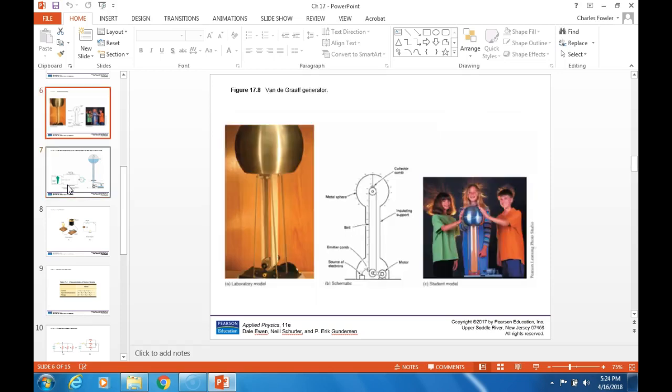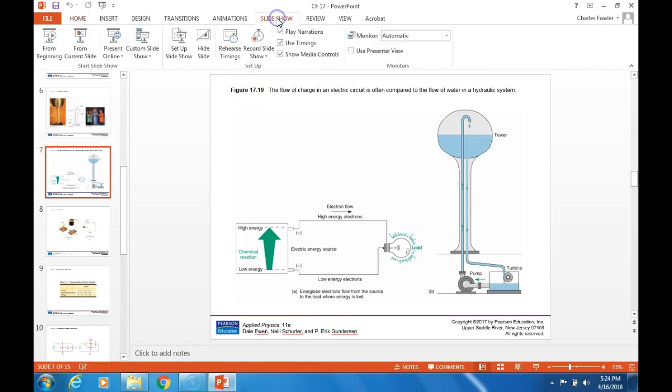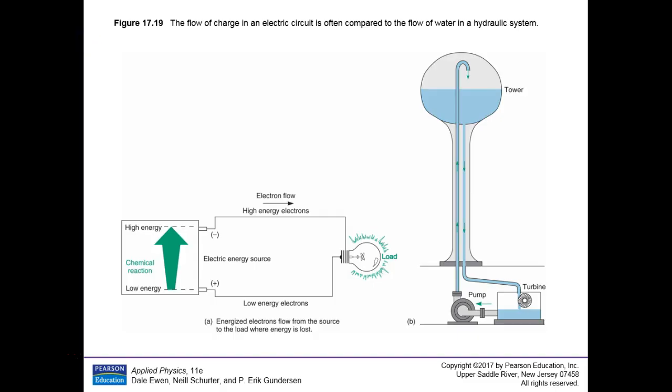Maybe I'm wrong. That's 17.8. I know that's in the previous section. 17.3. Yeah. Okay. This is really great PowerPoint, isn't it? Okay. So we'll start on this one. Slideshow from current slide. Okay. We're not ready for this yet. We'll get there in a few minutes.